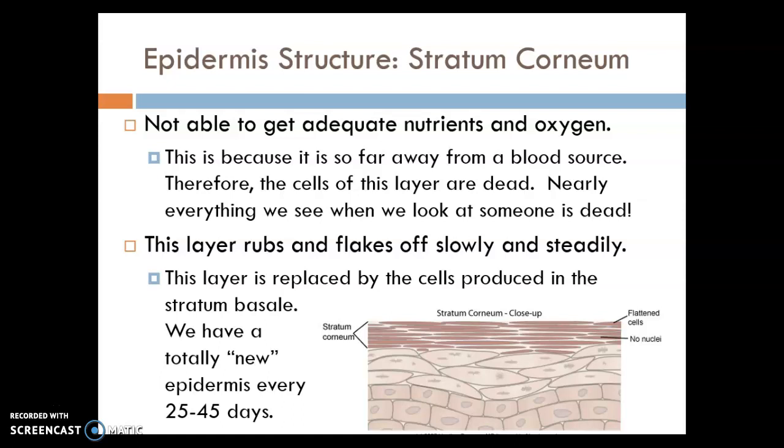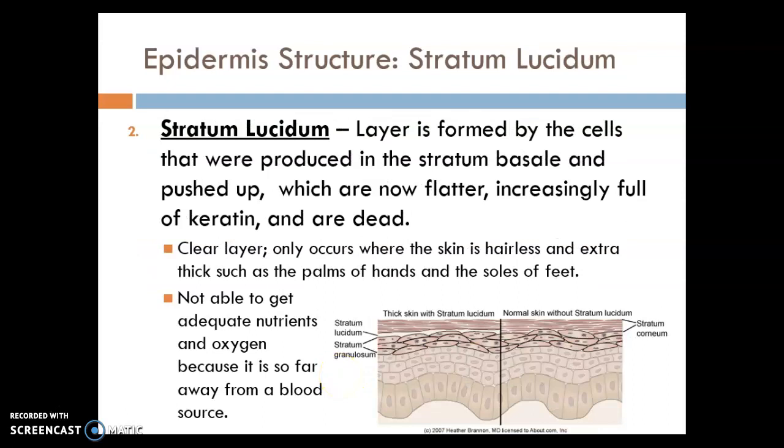So this layer rubs and flakes off, and that's what creates dust in your body, or in your house and around the area. So you will have new cells though within a day, 1 to 2 days. Sorry, not 1 to 2 days. I meant 25 to 45 days.